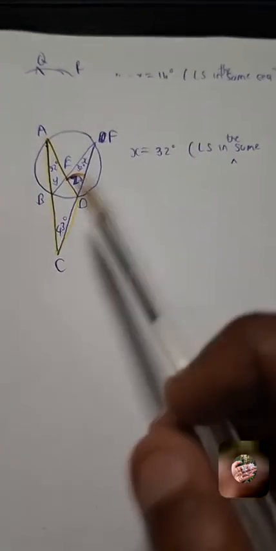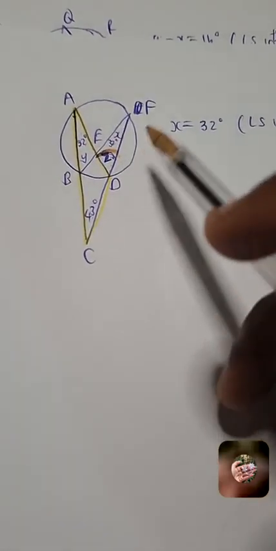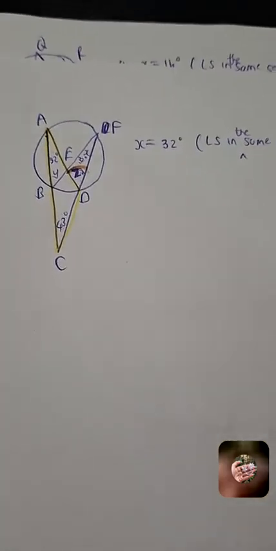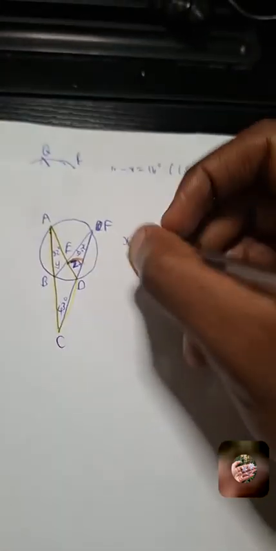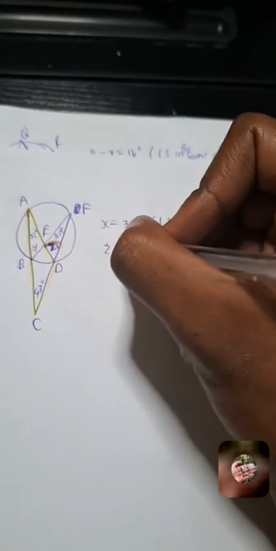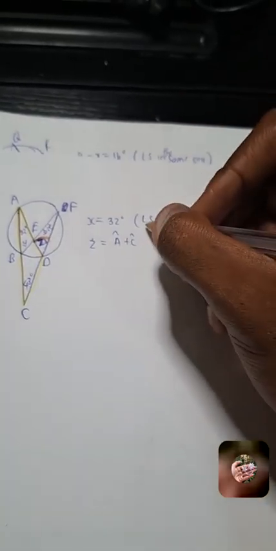Then you won't consider that, and you won't see it in the diagram. So you want to tell me what Z is then? Okay, Z is equal to angle A plus angle C.